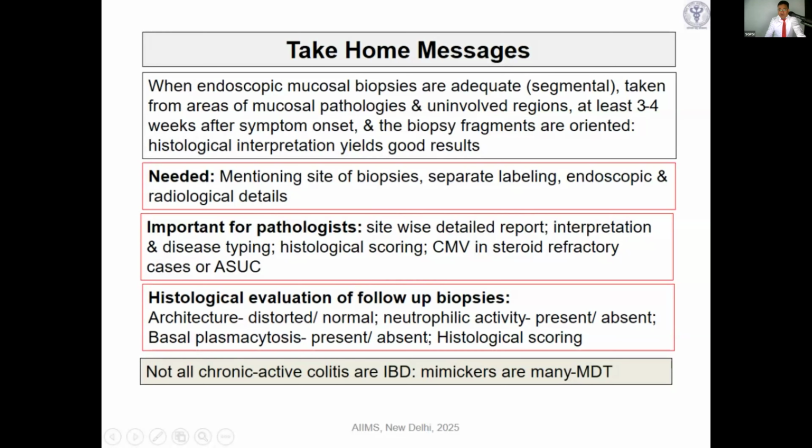But what I want to stress through the cases I have shown is that not all chronic active colitis is IBD. There are many mimickers, and many times only an MDT meeting can give you the information that it is not clinically fitting and we need to do more. So with that, thank you so much for the opportunity again.